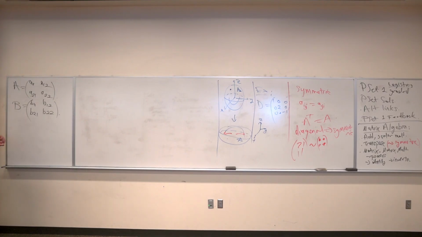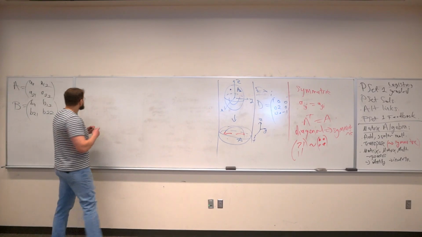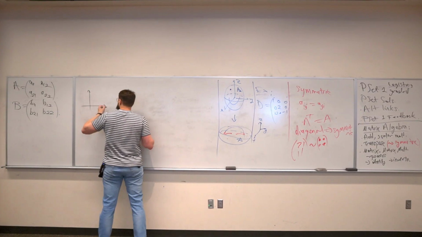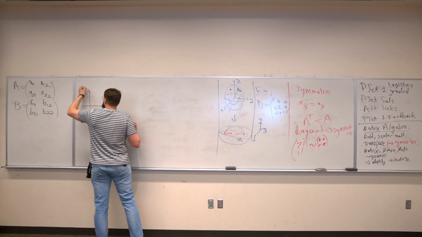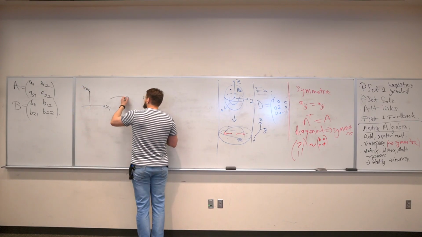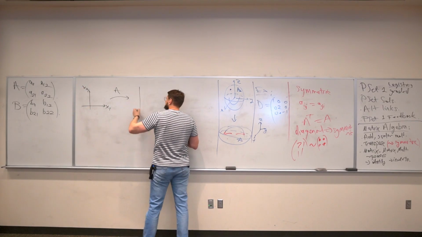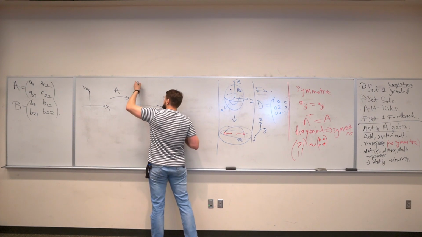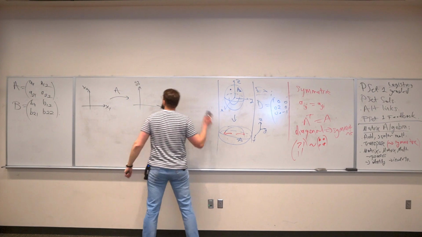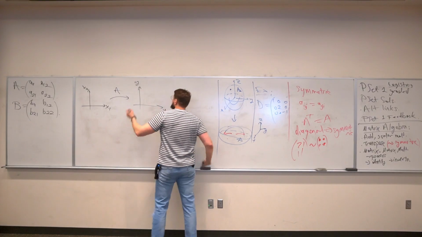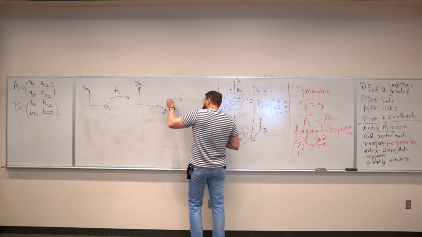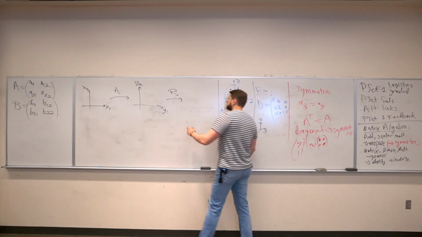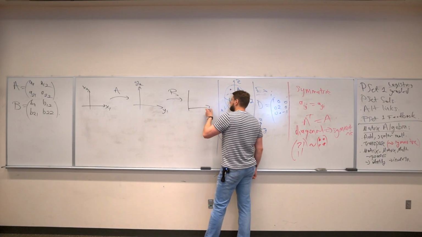Okay. So for instance, I have one plane here. Let's call its axes x1 and x2. Then I apply A to it. Then I go to a different plane. I'm going to call its coordinates y1 and y2. And to this, I'm going to apply in series the B transformation. Now I have z1 and z2.